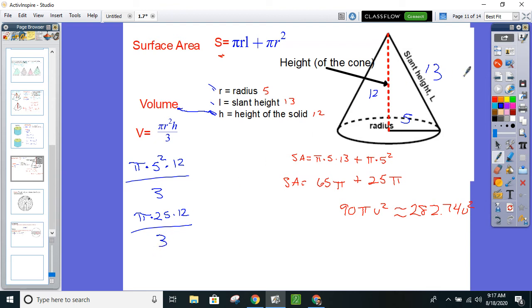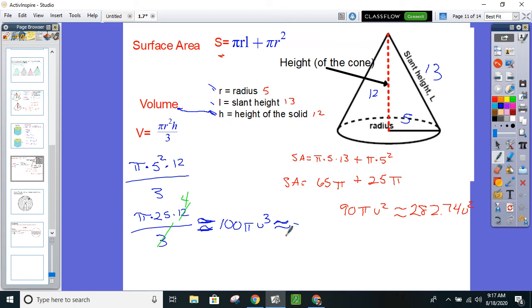And let's go and reduce this. The great thing about this is 3 reduces into this 12 because it's a 4. And then all we multiply is 4 times 25 times pi. End up getting 100 pi. This will be units cubed. Now, when you round, that's what this little squiggle means. It means approximately about this much.